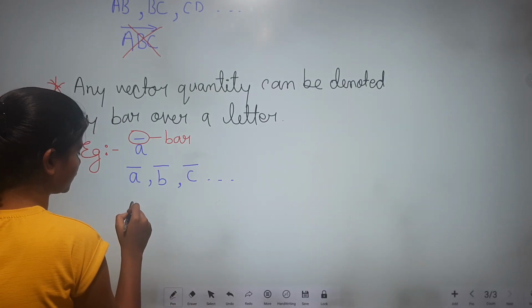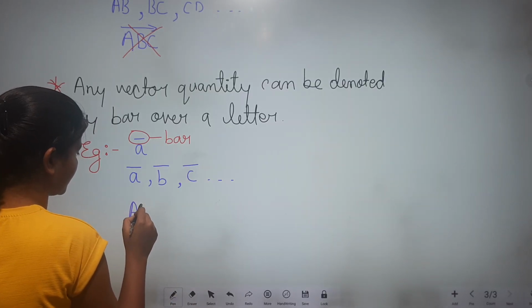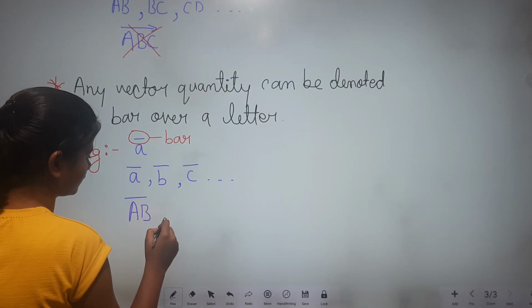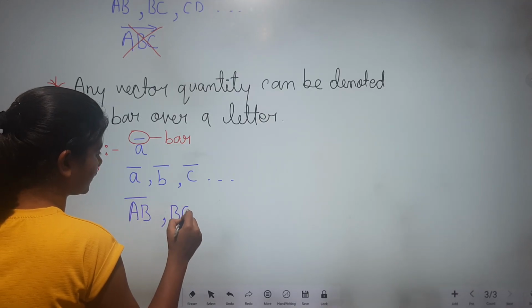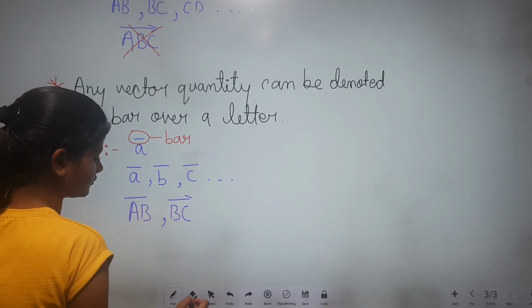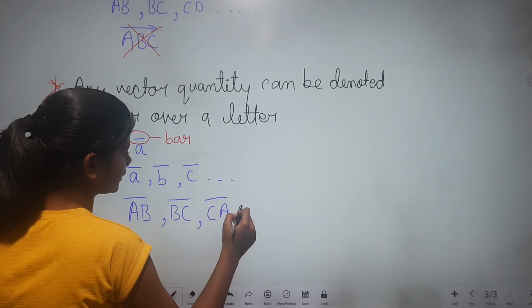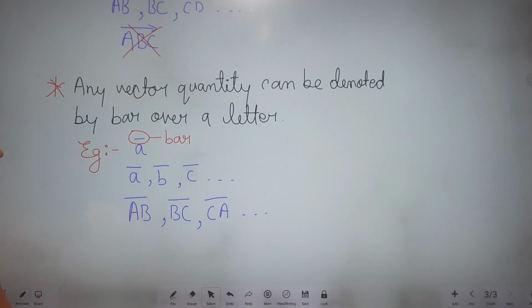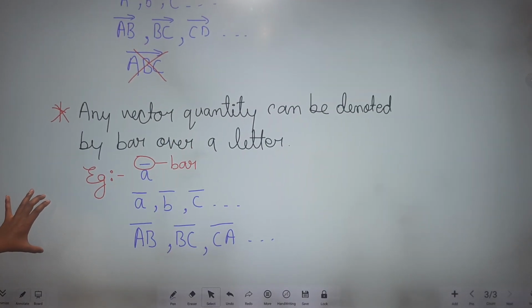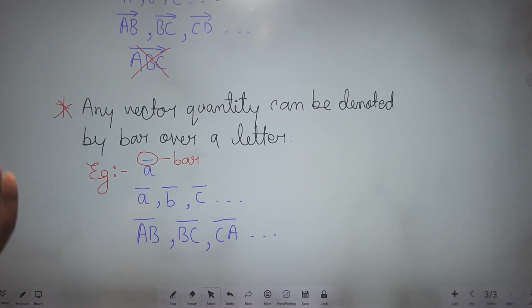Or you can also denote it like this: AB vector, BC vector, CA vector, okay, and so on. So you can also denote a vector quantity by a bar over a letter, okay.